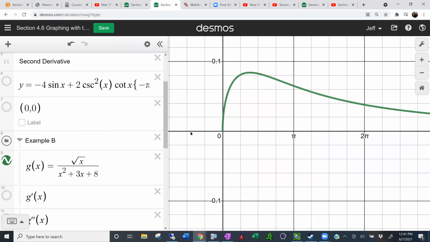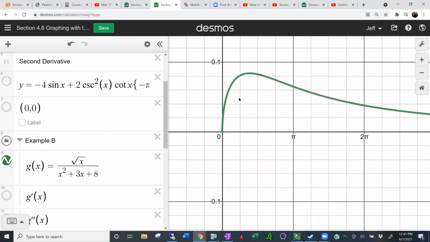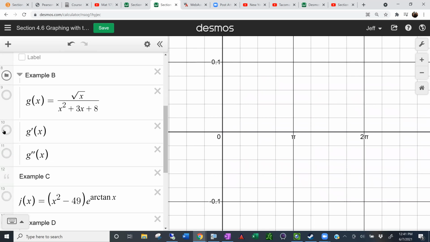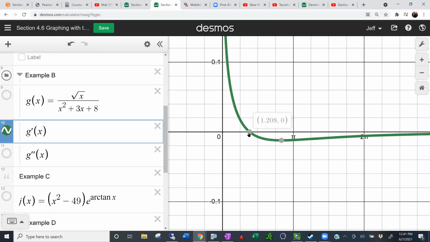All right. Now you can use Desmos to find this, that, and the other, but let's shut off this graph and turn on the graph of the derivative. The graph of the derivative is not terribly interesting, but it does give me one important point, which is right here, 1.208, which even to me doesn't look like a familiar number.